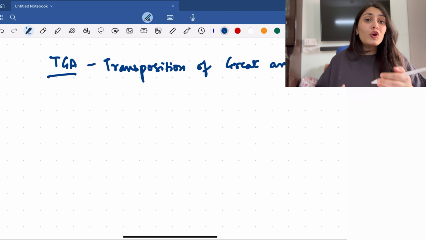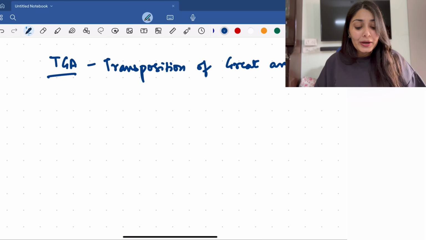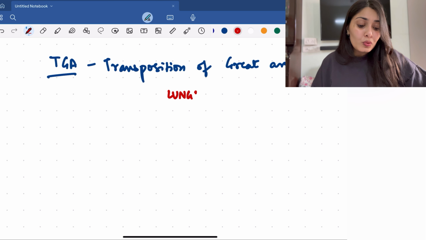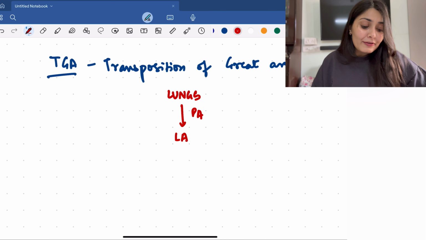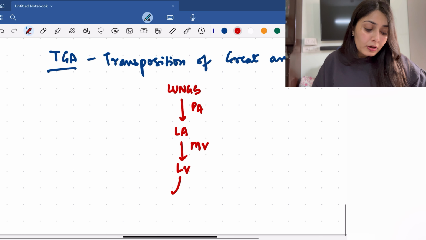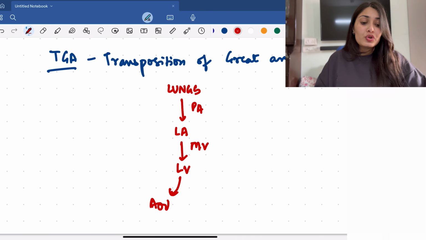The normal physiology, we all understand. What happens in normal physiology? My oxygenated blood from the lungs comes to my left atrium through the pulmonary veins, goes to the left ventricle through my mitral valve, and this goes into the aorta through the systemic circulation.